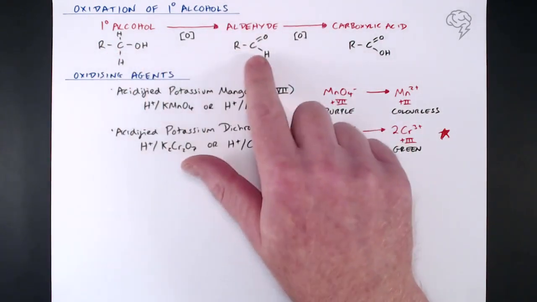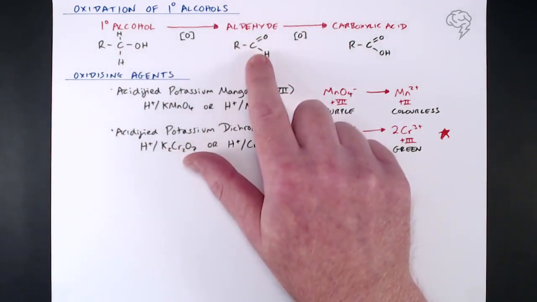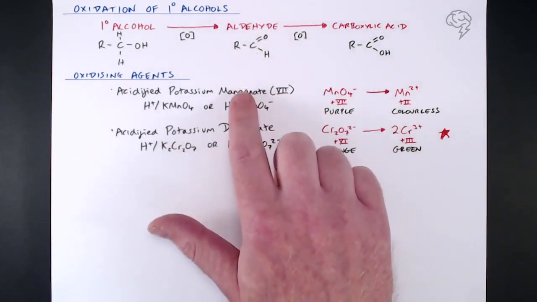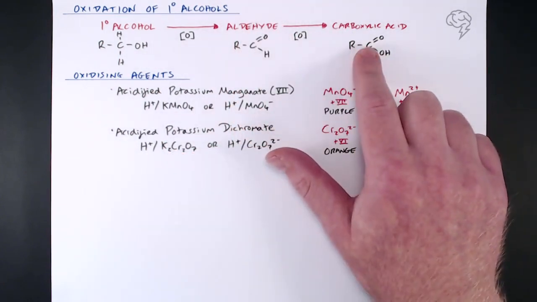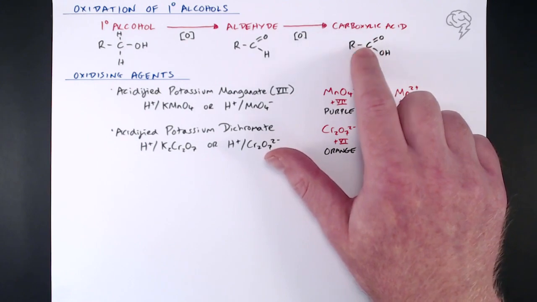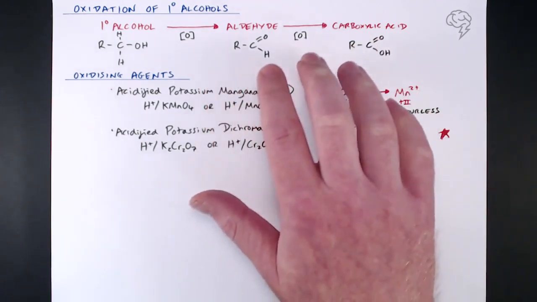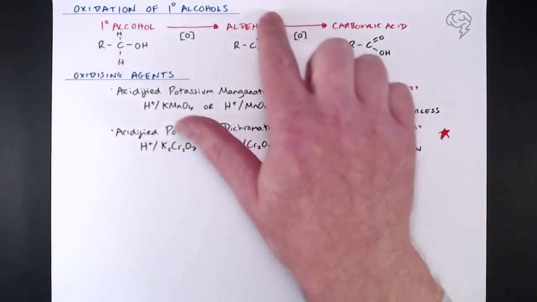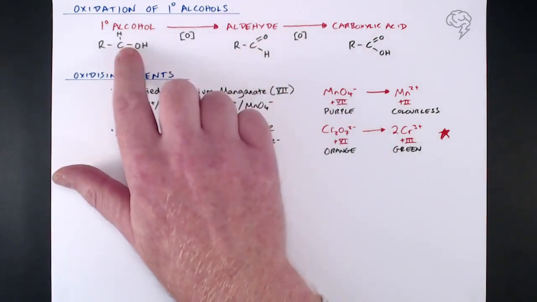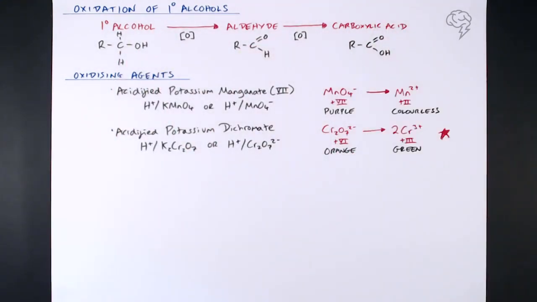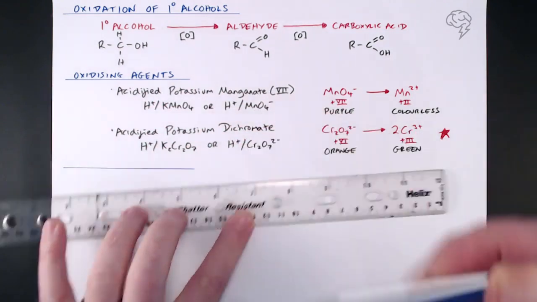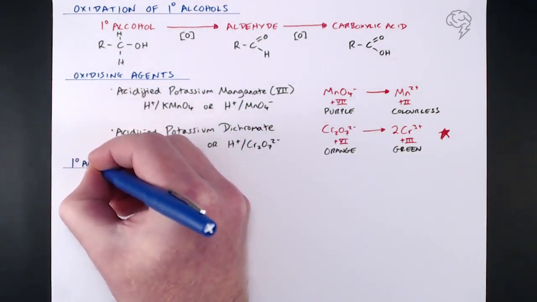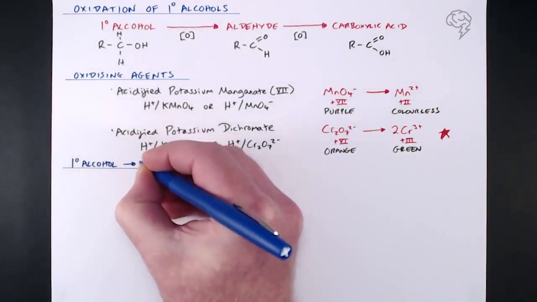We need to just oxidize it a little bit to get the aldehyde and then somehow remove that before it gets turned into a carboxylic acid. Well, it is possible. So there are 2 different methods, depending on whether you want the aldehyde from the primary alcohol or the carboxylic acid. So we'll start by looking at how we're going to get from a primary alcohol to our aldehyde.